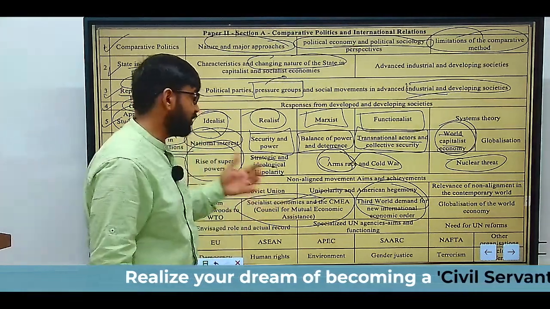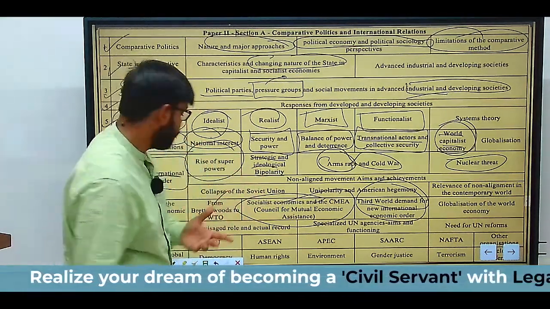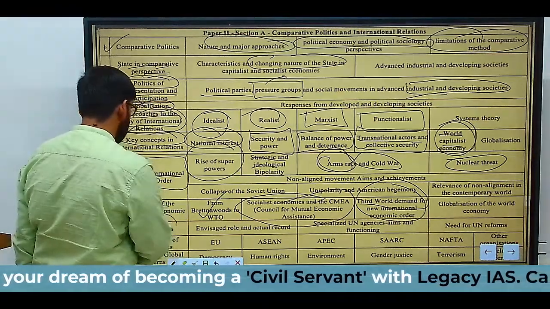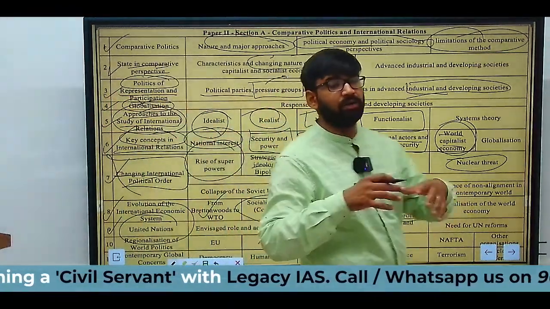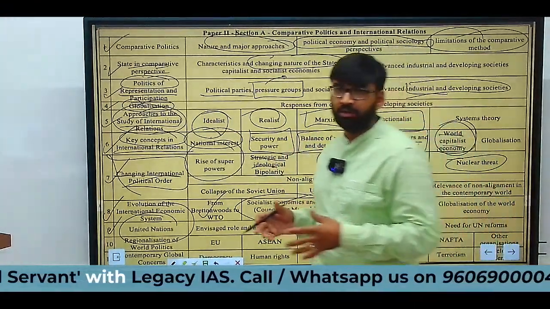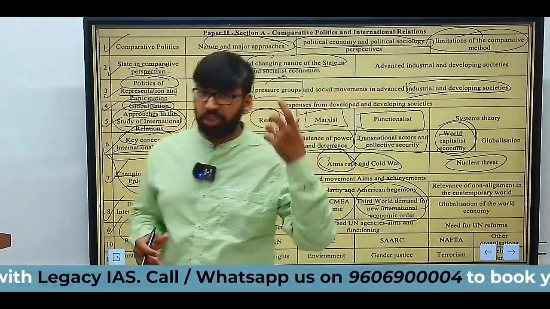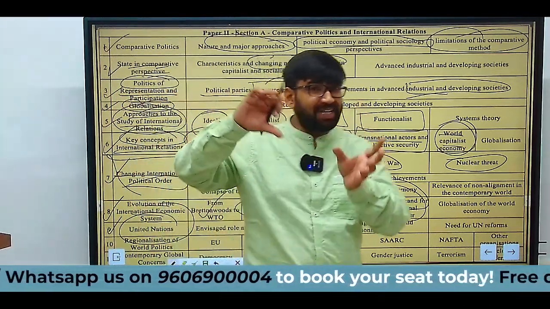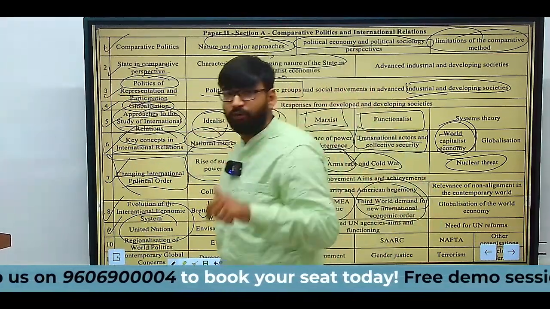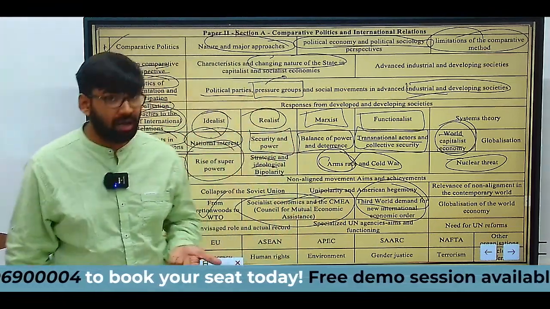Clear? So these things we are going to discuss. Clear everyone? Then chapter number 9, United Nations. We'll try to understand the structure, mandate and issues of the United Nations. Through the G20, India is also raising its voice for UN reforms and the Security Council.